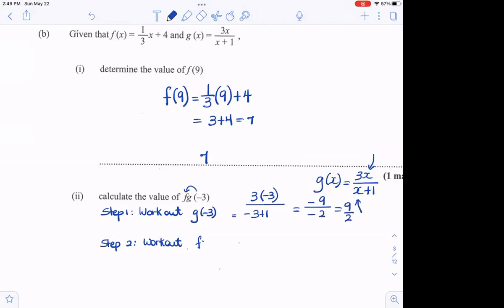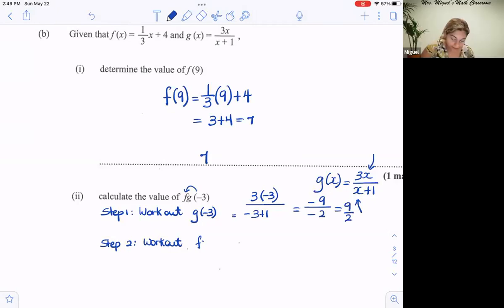Yes, miss. Now, the question works out to be f of 9 over 2 because we already worked this out. This has a number, 9 over 2. So we have to work out f of 9 over 2. So 1/3, open bracket, 9 over 2 plus 4.